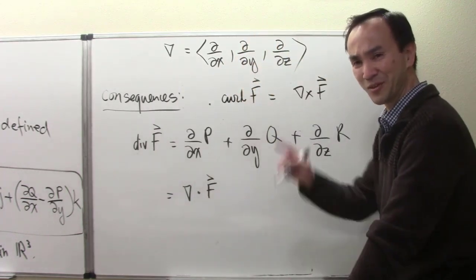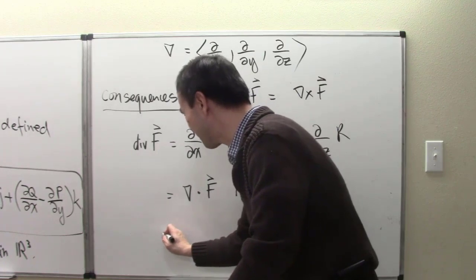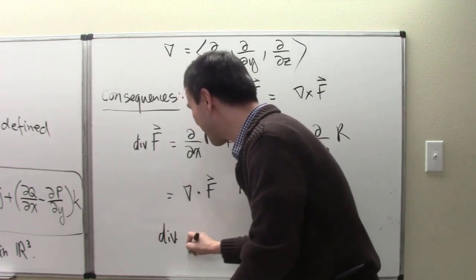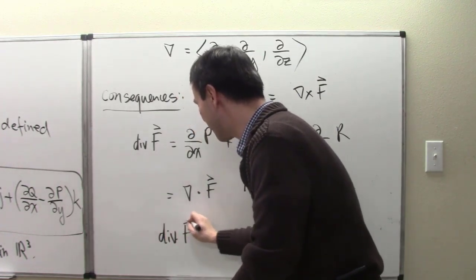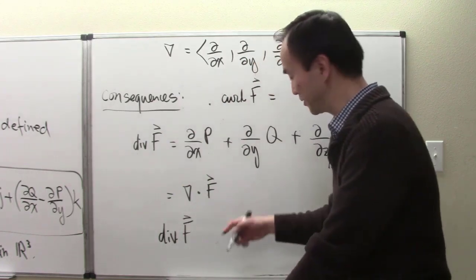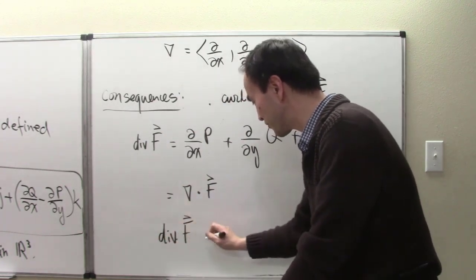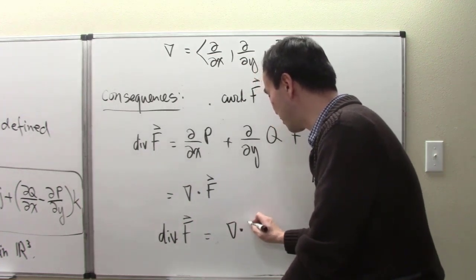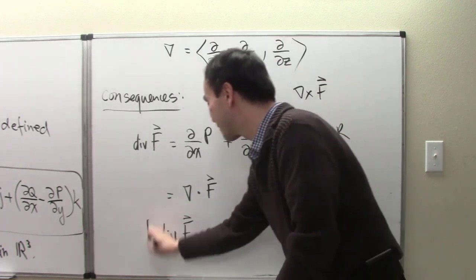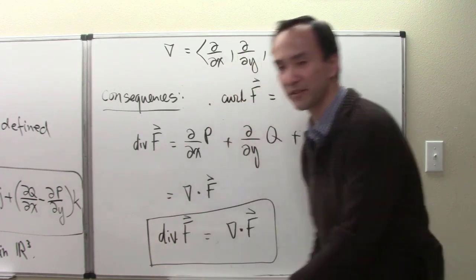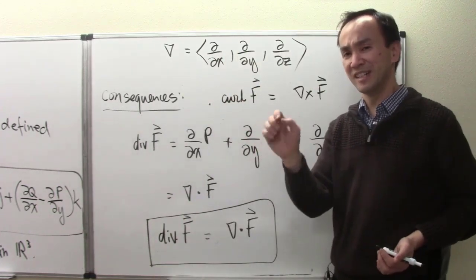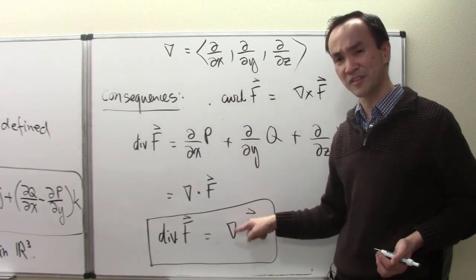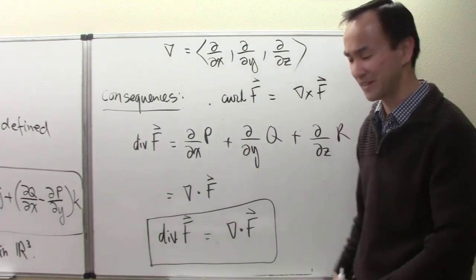All right, and so yes, ladies and gentlemen, from this point on, you are allowed to understand the divergence of F to be done by taking the dot product between the del operator and F. It's just a way to make it easy to represent, but surprisingly it brings all that good usefulness for us.